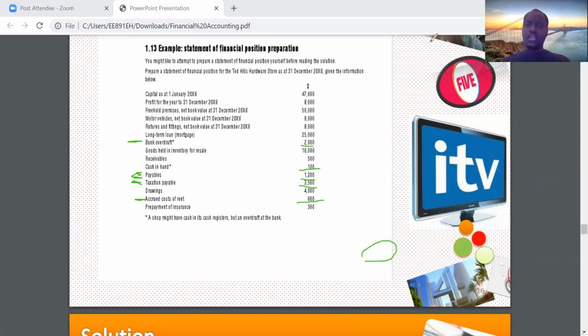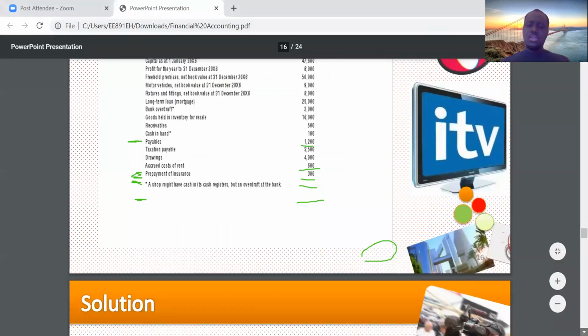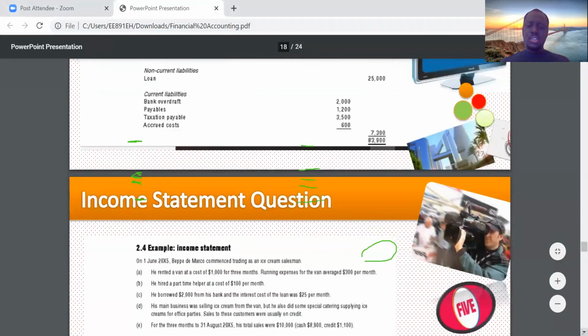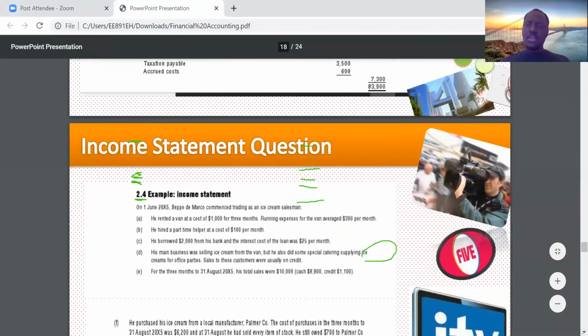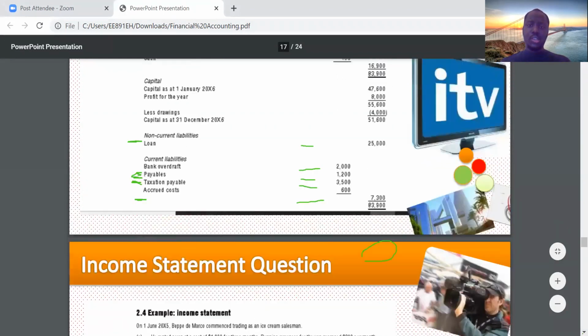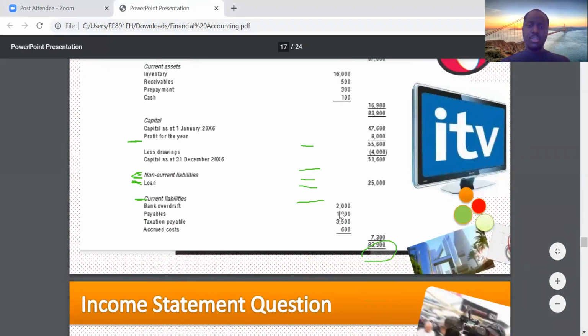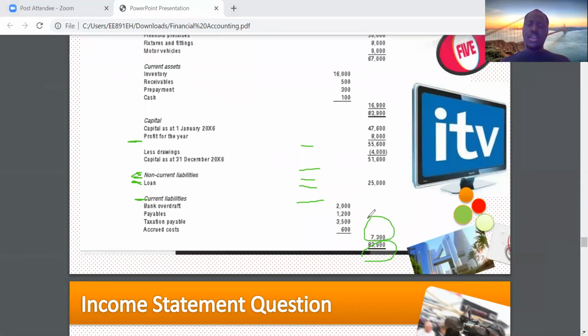Very simple. You go back to your solution and you see 2,000, 1,002, 3,500, 600. Then what does that total? It totals 7,300.